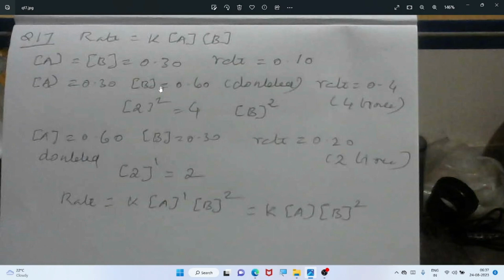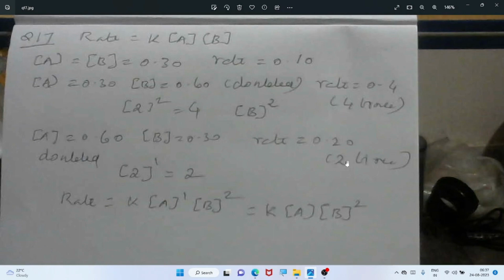So we are doubling the concentration but the rate increases 4 times, so the order will be 2. Okay, 2 power 2 only it will be 4. So this is 2. Now they are doubling the A, keeping B constant, and the rate only doubles. Okay, they are doubling A, 2 power 1 only is 2.